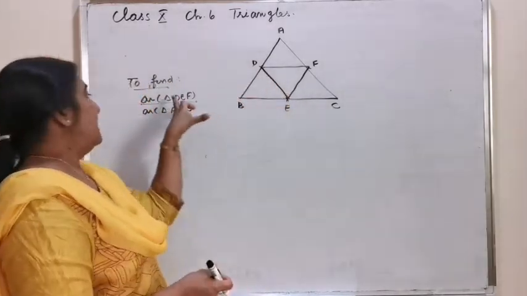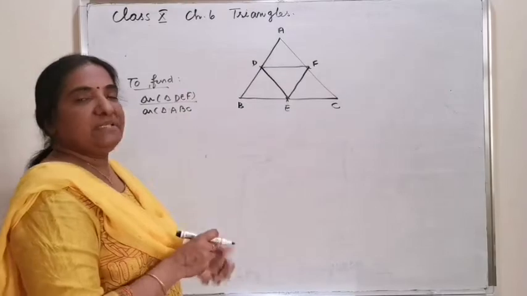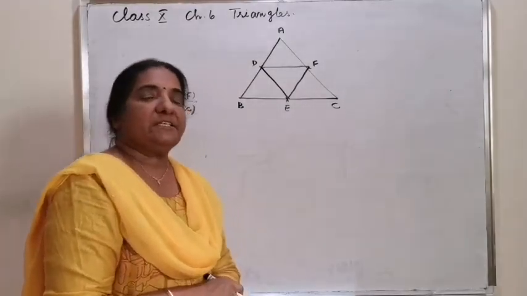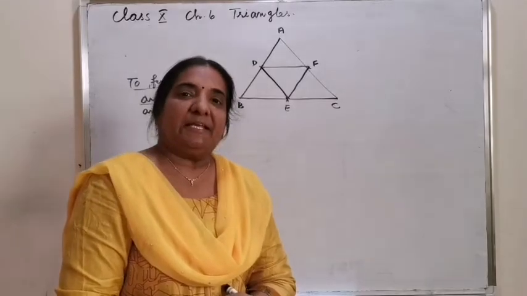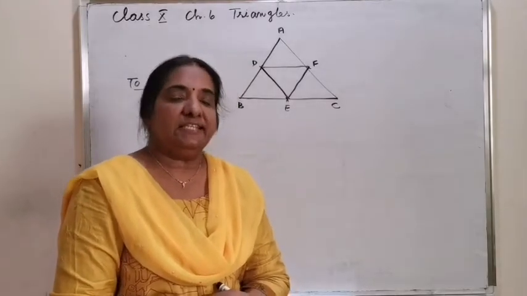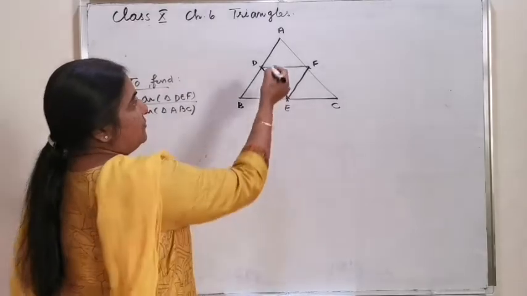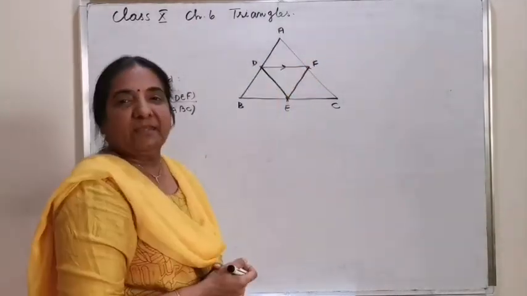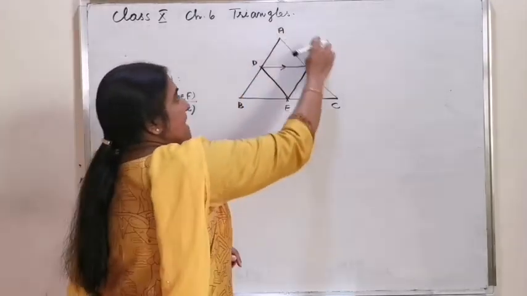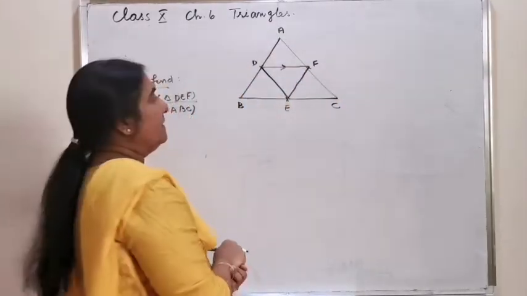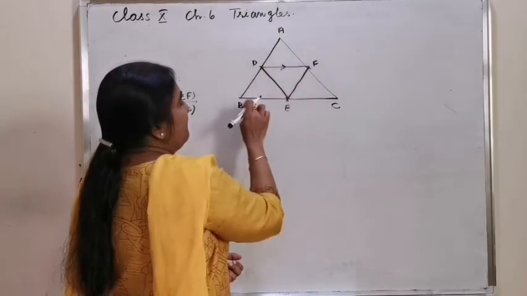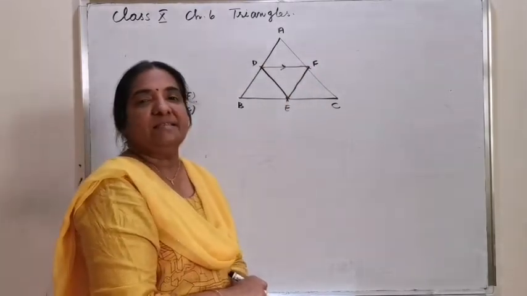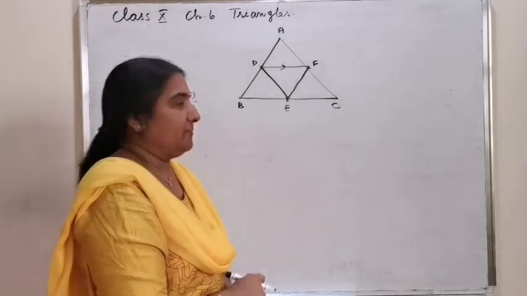How can we prove that triangles DEF and ABC are similar? Since the word midpoint is given to you, it is the application of the midpoint theorem. If you recollect it, D and F are the midpoints of AB and AC. Therefore, DF parallel to BC, DF equal to half BC was the midpoint theorem.